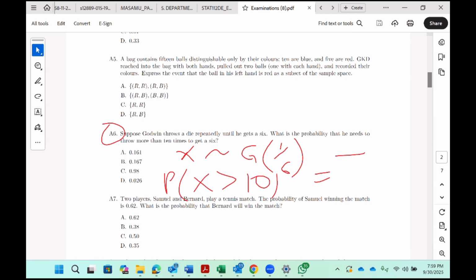Which will be equal to the summation, X equals 11 to infinity, of 1/6 times 5/6 to the power X minus 1.